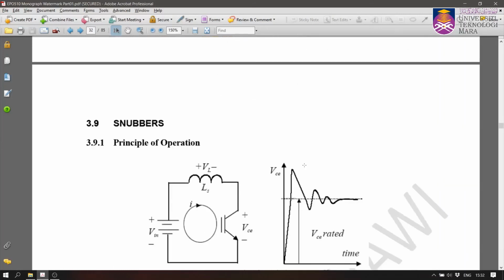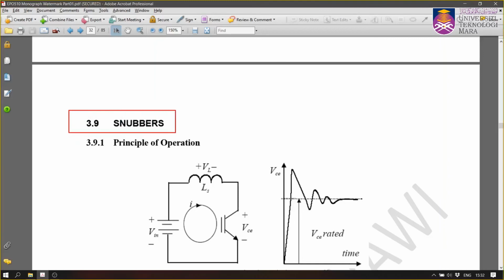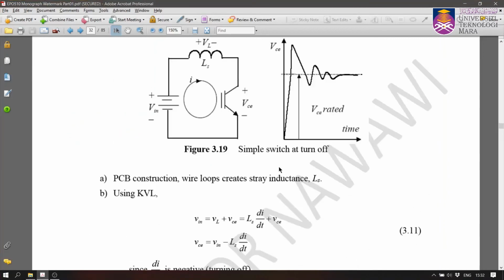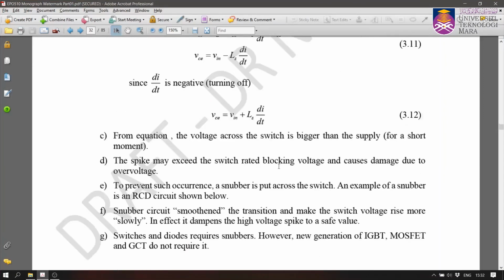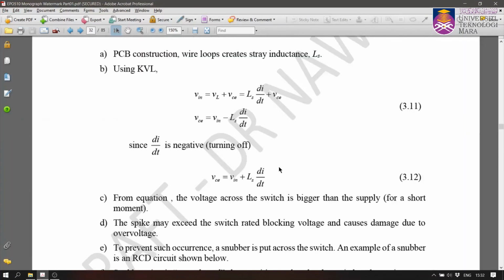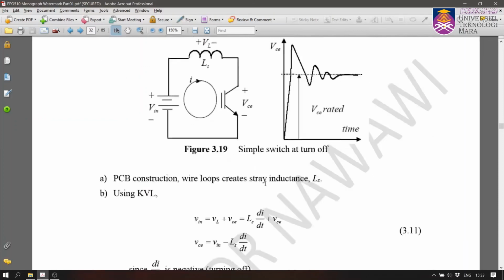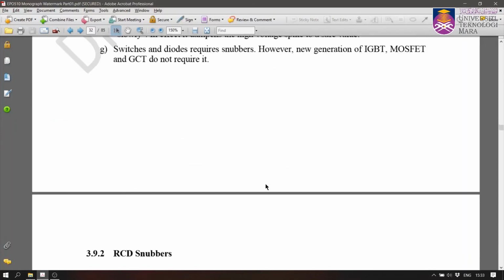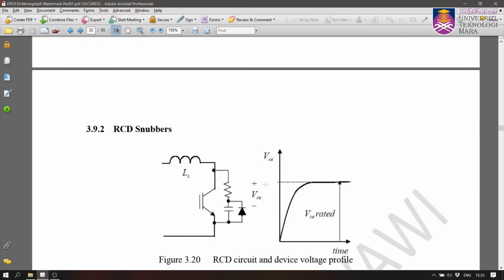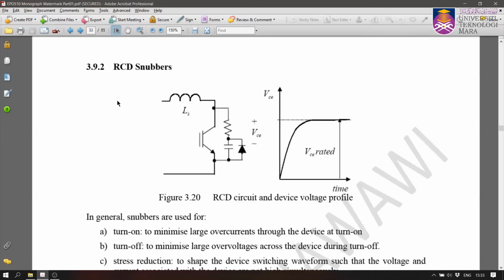And to avoid the switching loss, we also need to consider using the snubber circuit. For example, you can read that this is known as a snubber, which is to reduce the spike and to reduce the power loss. We can also have RCD snubbers, so you want to slow down.